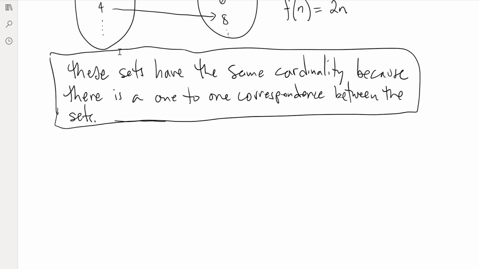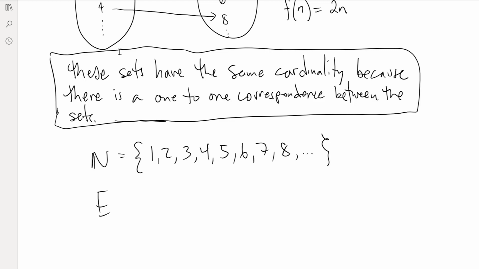Right? The natural numbers are the set 1, 2, 3, 4, 5, 6, 7, 8, and on forever. And the set of evens is a proper subset, only half of those numbers in a very real sense, and yet it's the same size. Technically, it has the same cardinality.